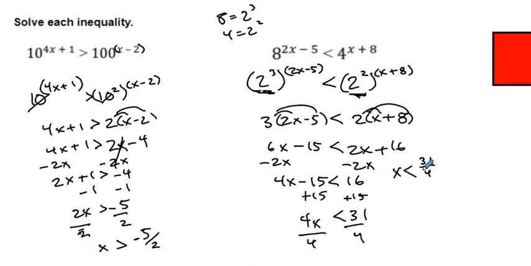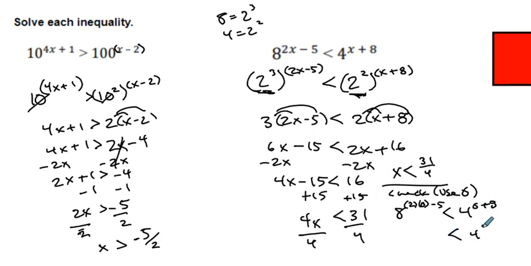Okay, so if x is less than that, I am going to use 0 to check this because it says it's less than this 7.75, right? So let's use 0. So my check step, I'm going to write check. I'm going to put 0 into this first one, so I have 8 to the 2 times 0 minus 5 is less than or equal to 4 to the 0 plus 8. Well, 4 to the 0 plus 8 is 4 to the 8th power.